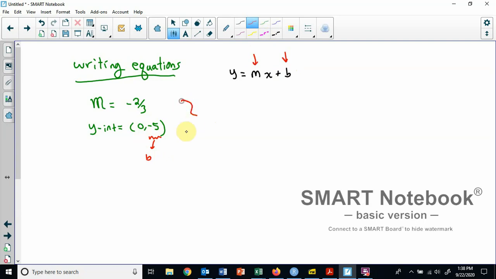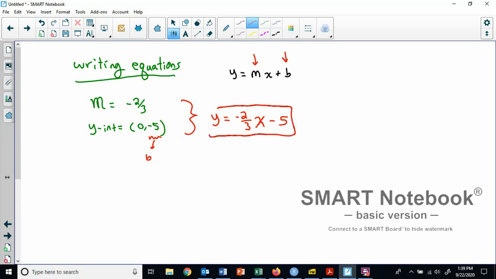So could I write this as an equation? So y equals, well, what's the slope? -2/3 x, don't forget the x, plus, what's the b? The b is -5. So it's probably going to be better to write this as minus 5, just to be more formal. Whenever you have a negative b, it's fancier to write it that way.